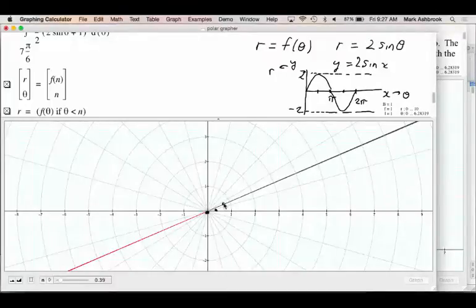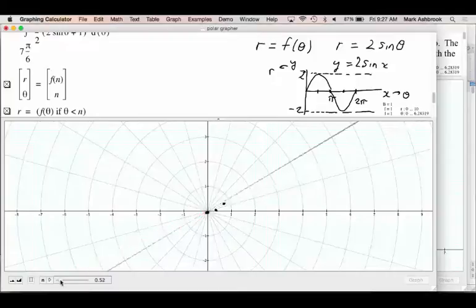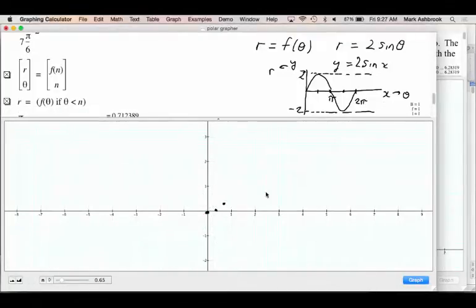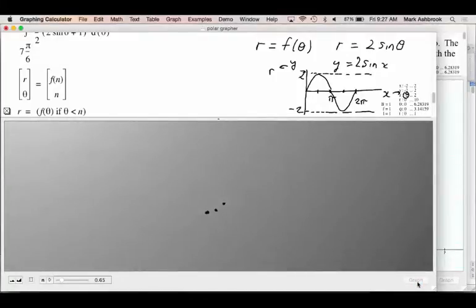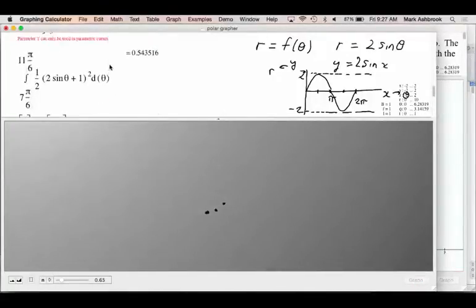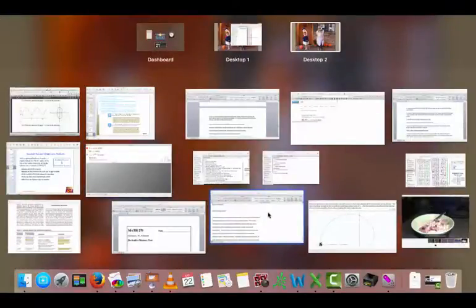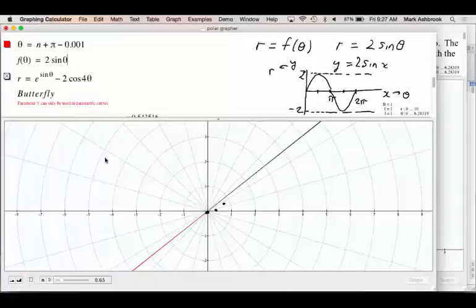See what I'm doing? So for increasing theta, what happens for each increasing theta? R is increasing, so we keep getting farther and farther out on that terminal ray.